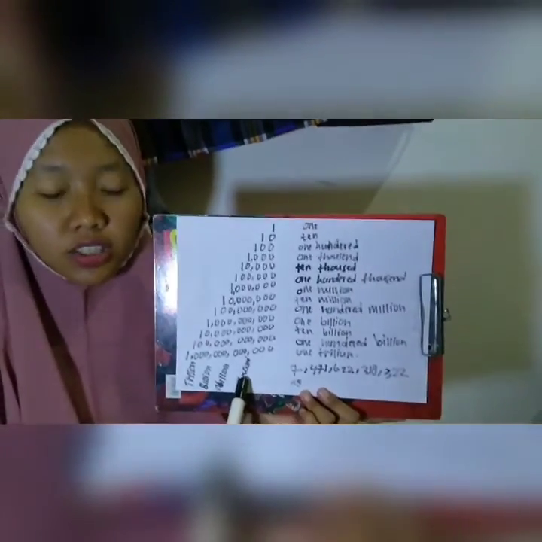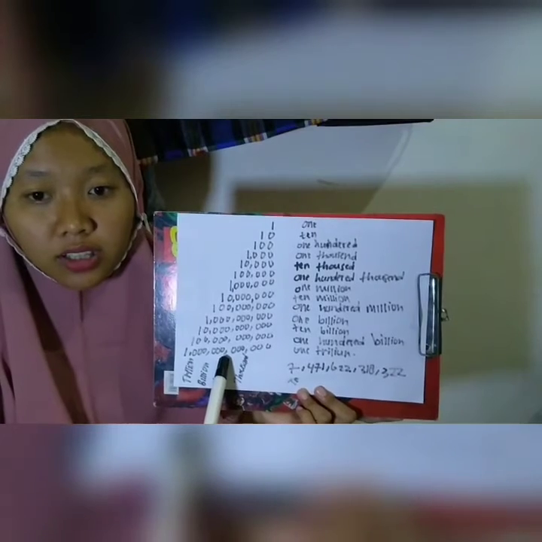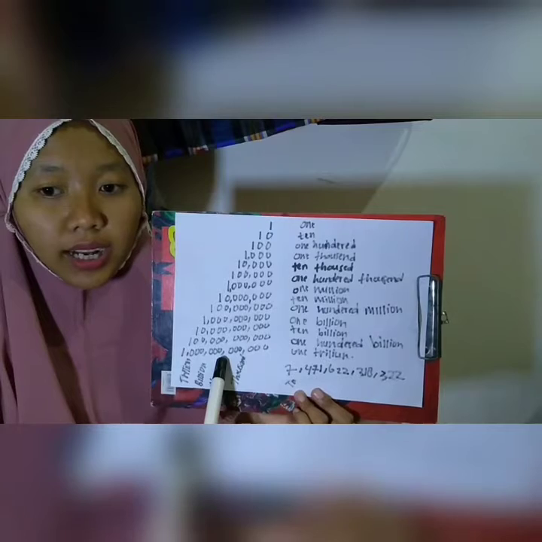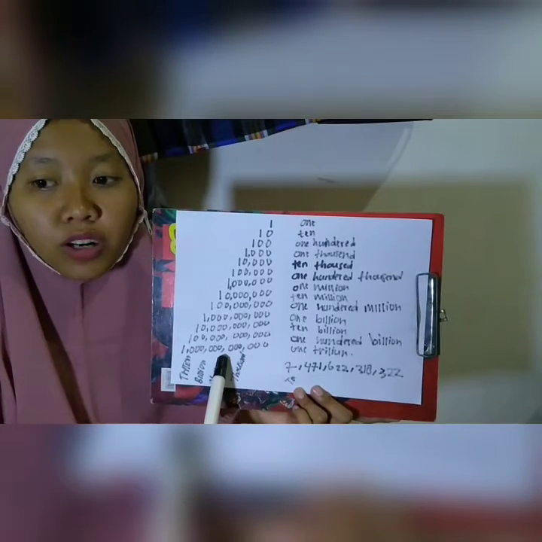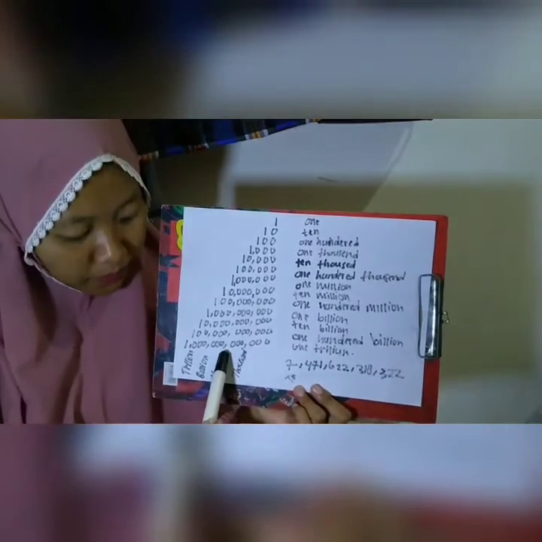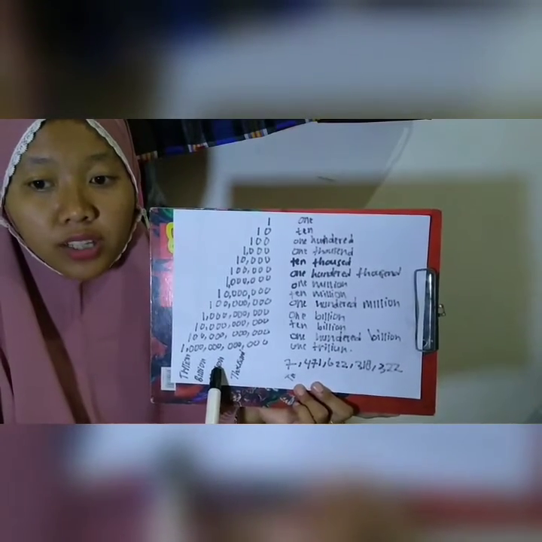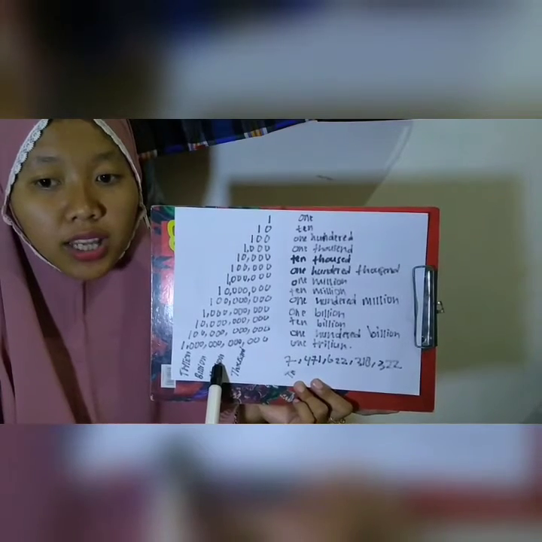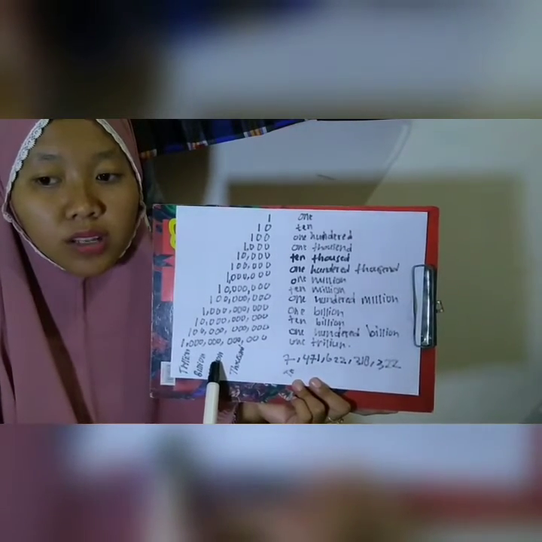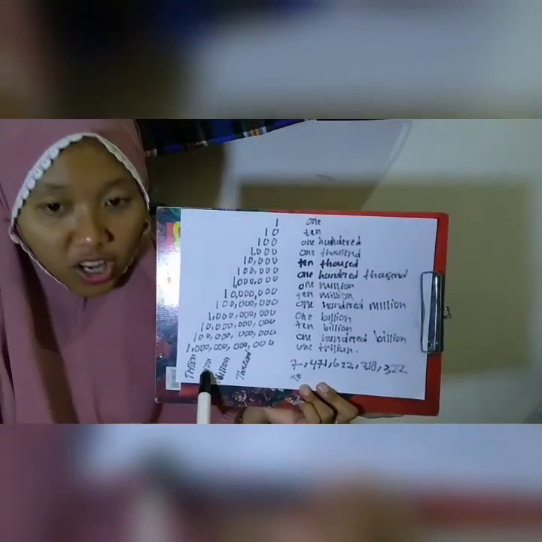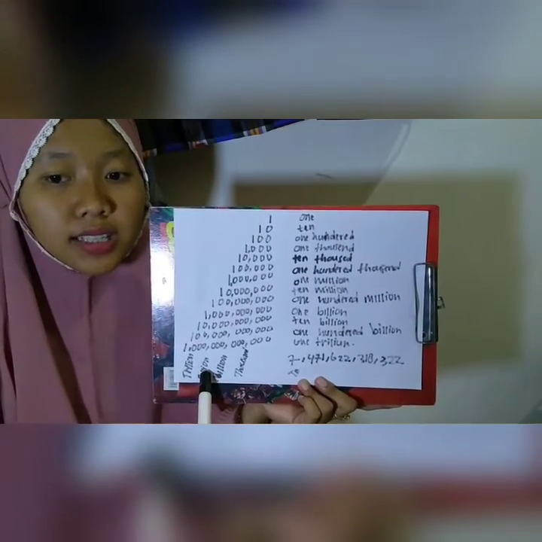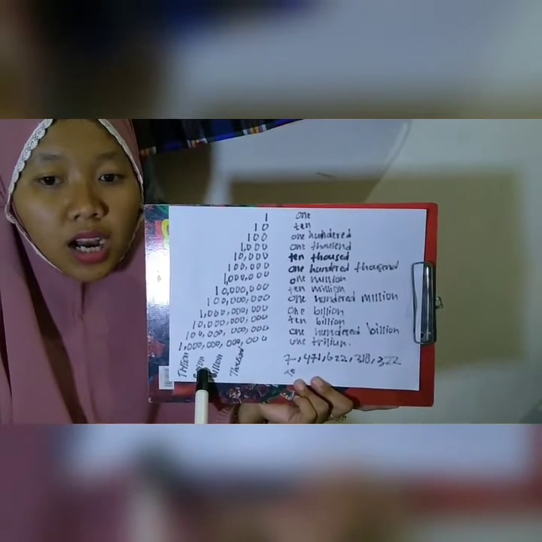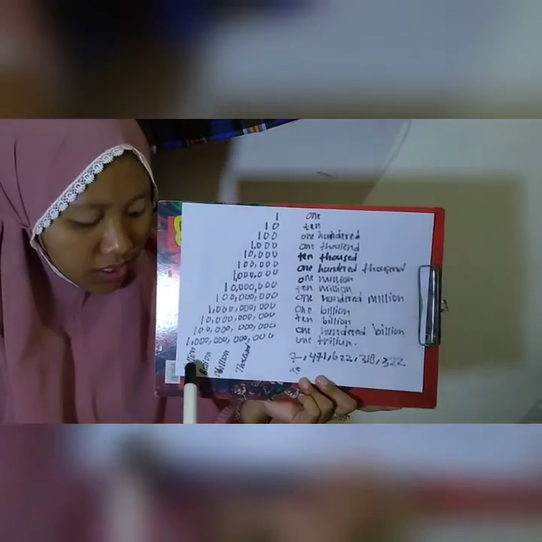For this second comma, again counting from the right, if there is a number before it, I will say the word million. For this comma, if there is a number before it, I will say the word billion. And for this comma, if there is a number before it, I will say the word trillion.